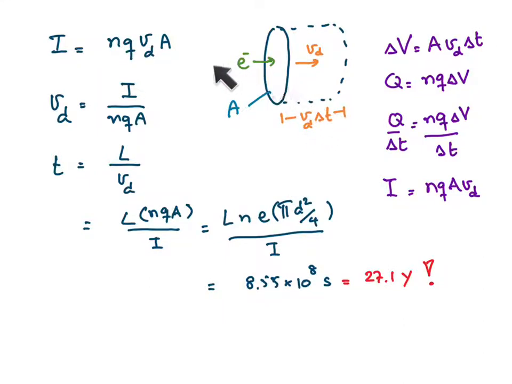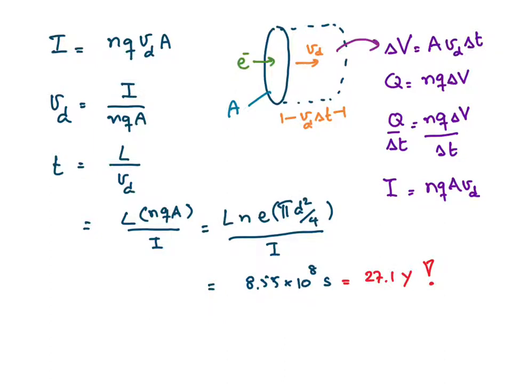The charge that follows will move into this volume, which we call delta V, equal to A times Vd delta t.